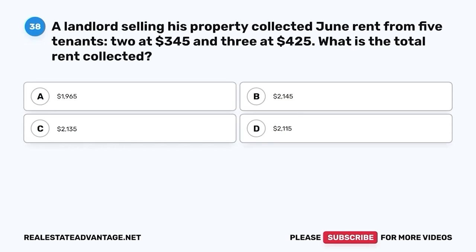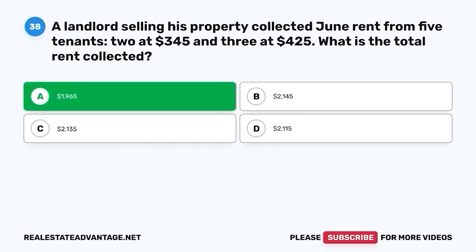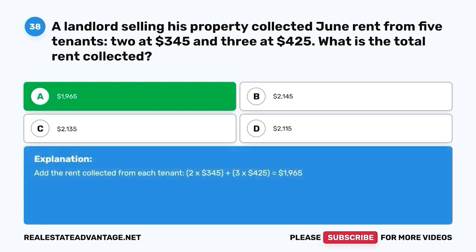C. $2,135. D. $2,115. The correct answer is A. $1,965. Add the rent collected from each tenant: 2 times $345 plus 3 times $425 equals $1,965.